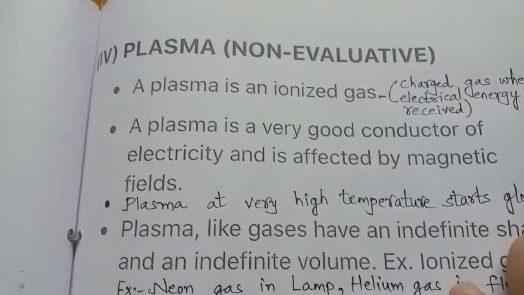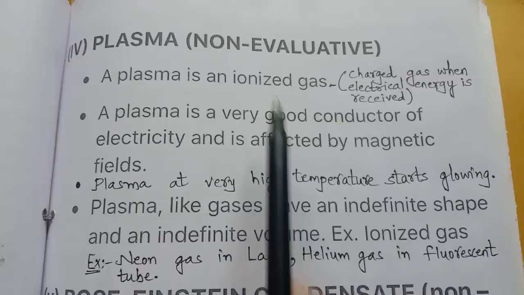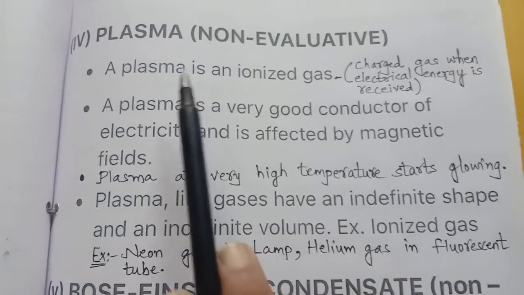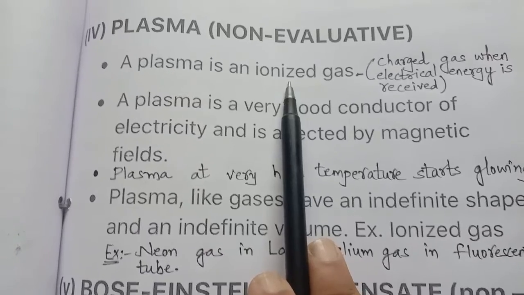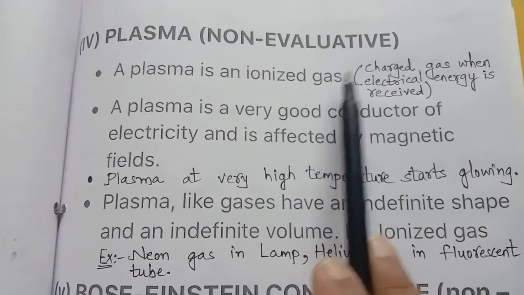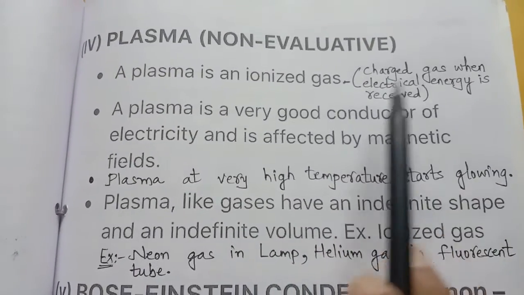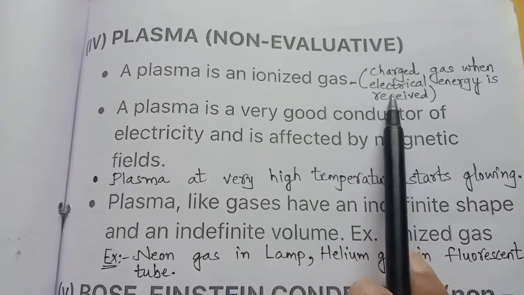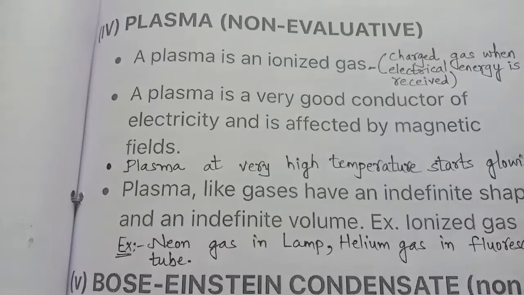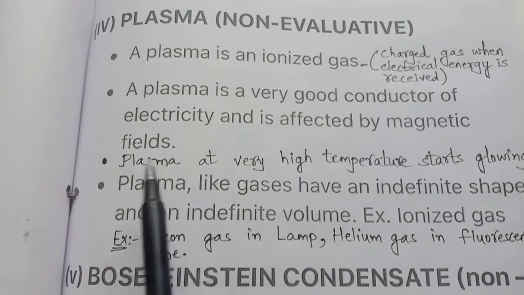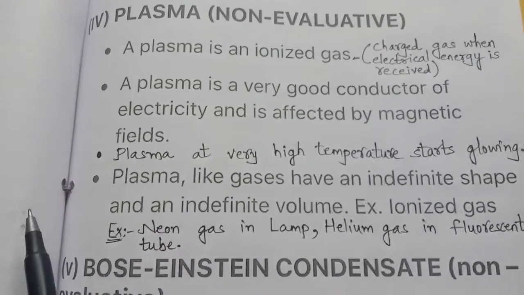Plasma is also a state of gas, but here it is an ionized gas. Plasma is a state of matter. It is about ionized gas, and ionized gas means a charged gas when it has received electrical energy. That means it is a good conductor of electricity, and it is even affected by a magnetic field.